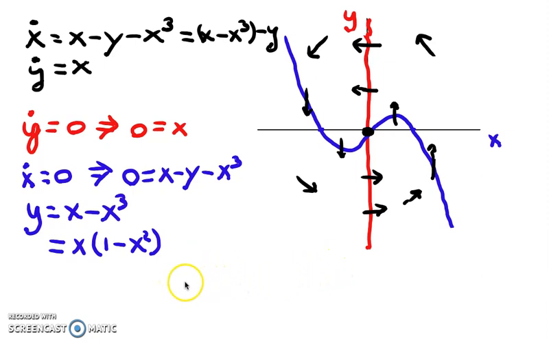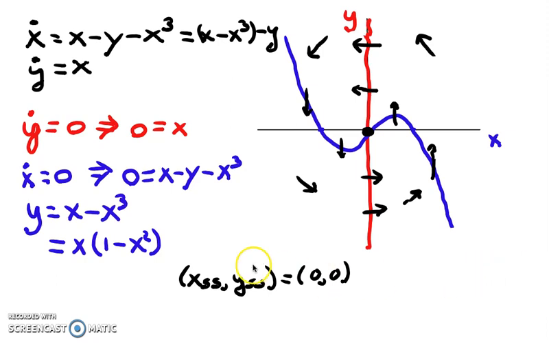So we have one steady state, and we can think of that as the ordered pair x_ss, y_ss equals 0, 0, the origin.